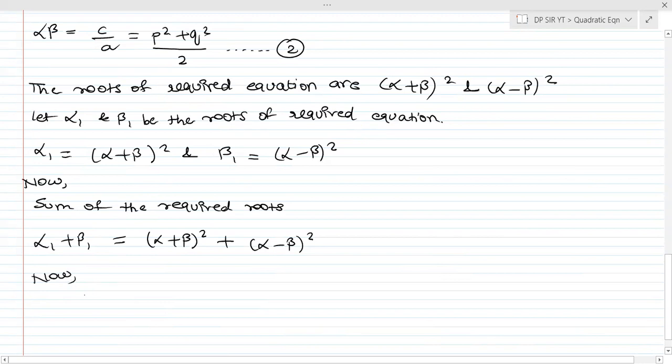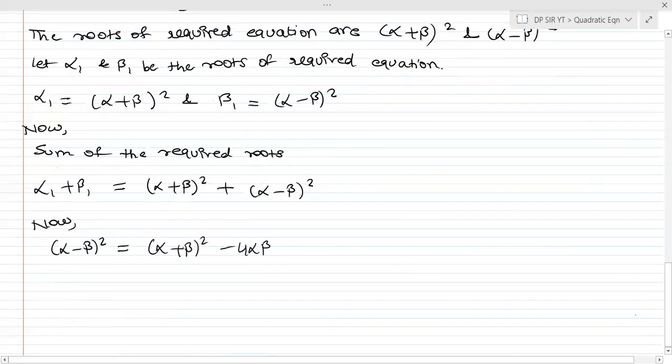I am trying to make this as simple as possible. The formula for alpha minus beta the whole square is alpha plus beta the whole square minus 4 alpha beta. Please don't forget this.